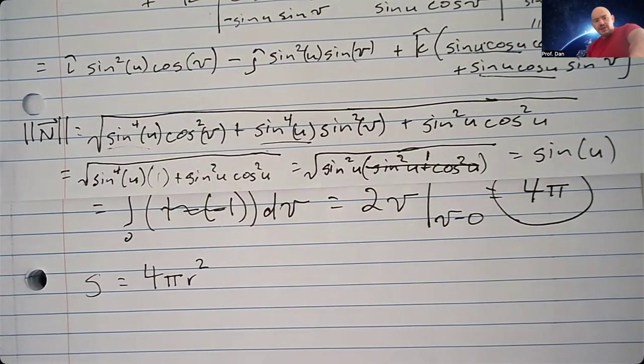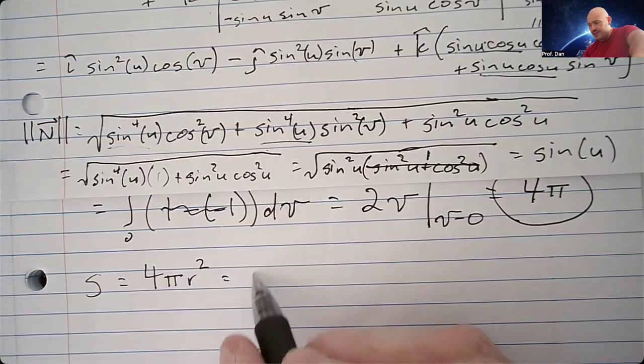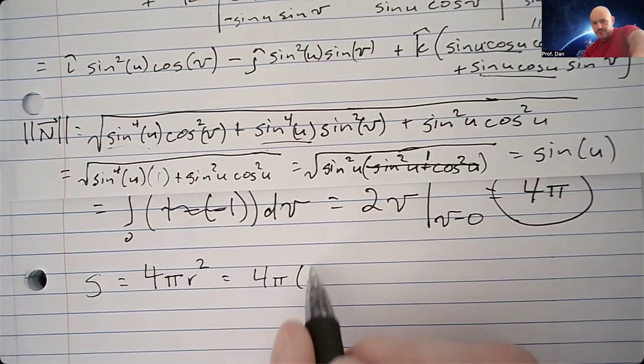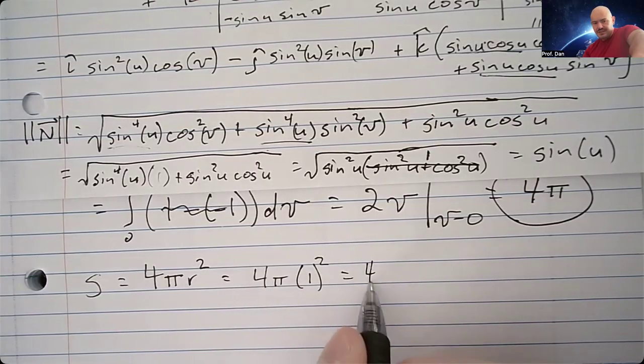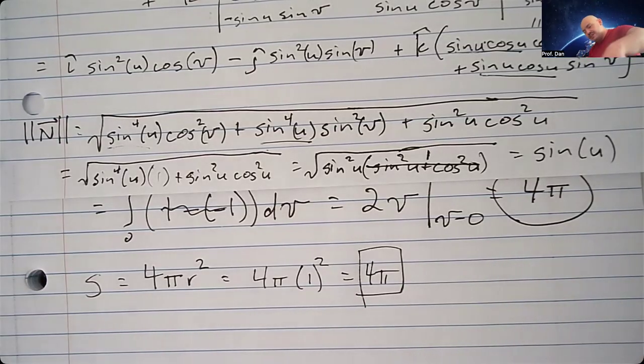So 4 pi r squared gives me the surface area for this. This was a unit sphere, so the radius was 1. So verifying that we get the same answer.